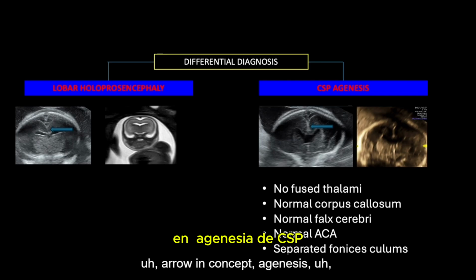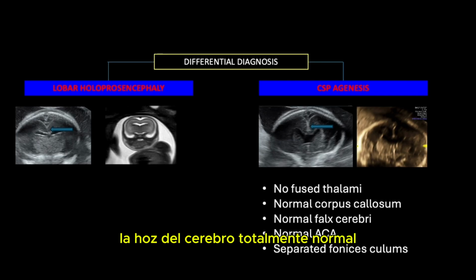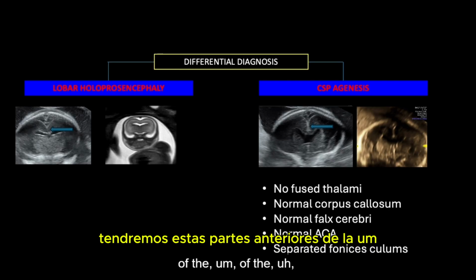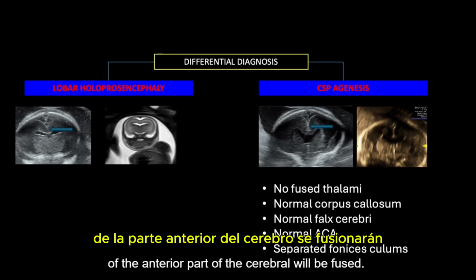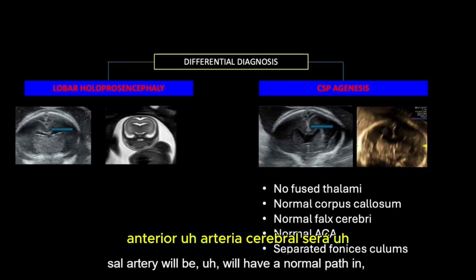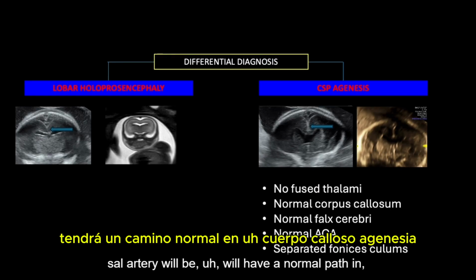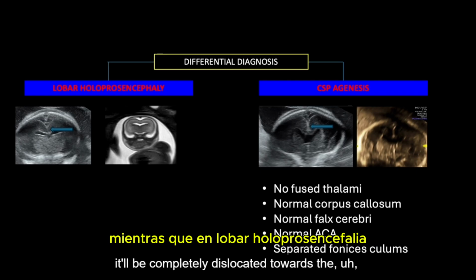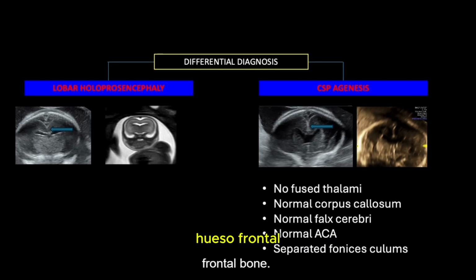In cavum septi agenesis the falx cerebri is normal, while in lobar holoprosencephaly we will have the anterior parts of the brain fused. The anterior cerebral artery will have a normal path in cavum septi pellucidi agenesis, while in lobar holoprosencephaly it will be completely dislocated towards the frontal bone.